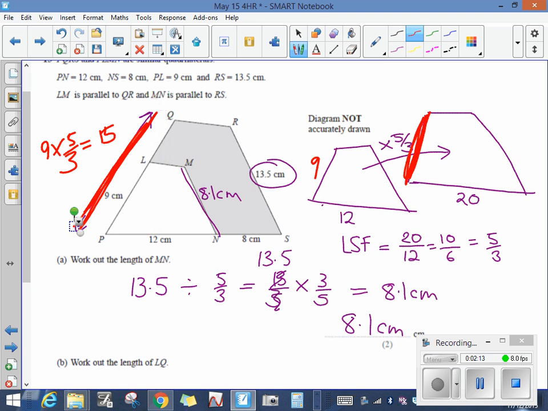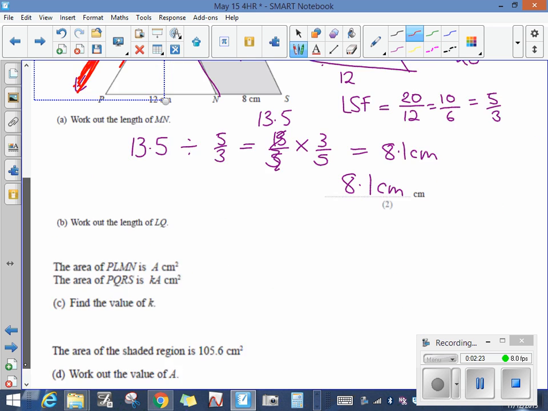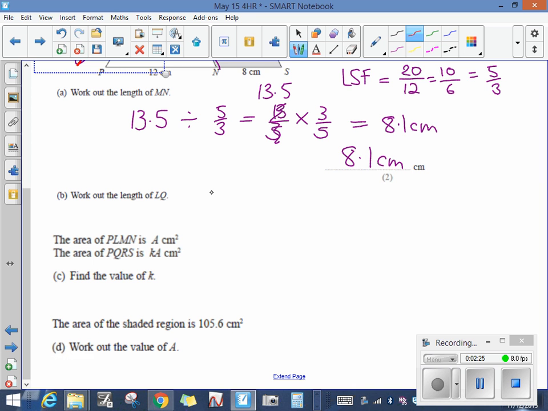So I now know that it's 15 all the way from there to there, which means that LQ, that's just this bit here, must be 6 centimeters, because 9 plus 6 is 15. Okay, so the second bit there is just 6 centimeters.